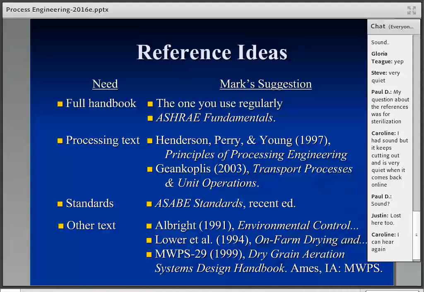And there are some other texts there that have a lot of related information. There's one in particular, this Lower et al. Lower is an on-farm drawing book that has some really handy psychrometric data. You'll see an example. Midwest Plan Service has a lot of basic data. I'll refer to that in an example.